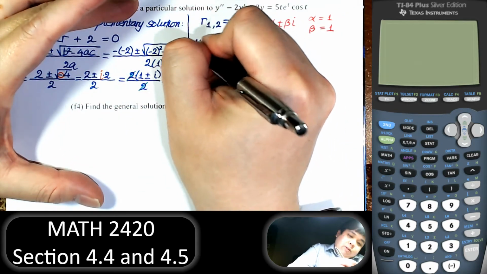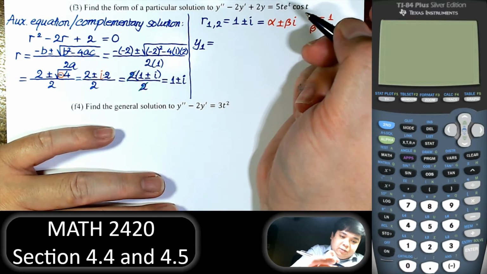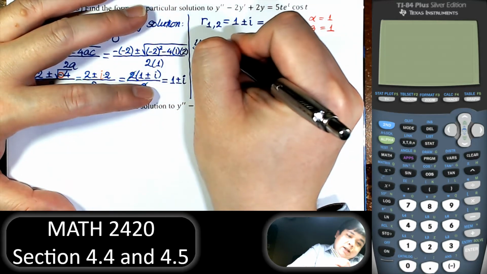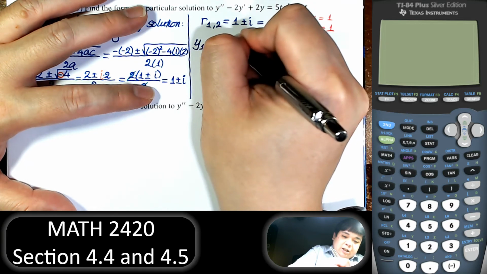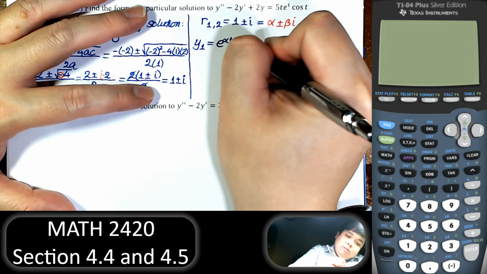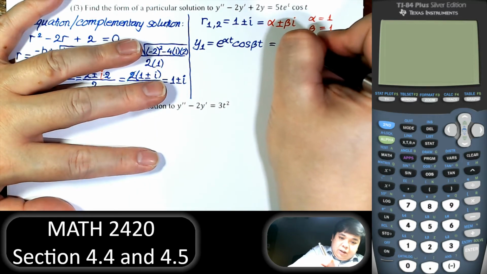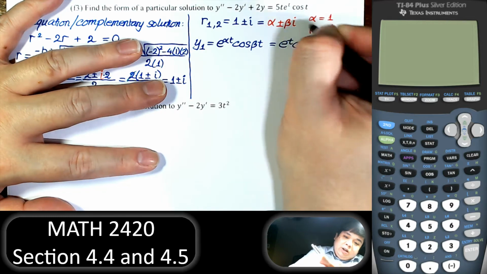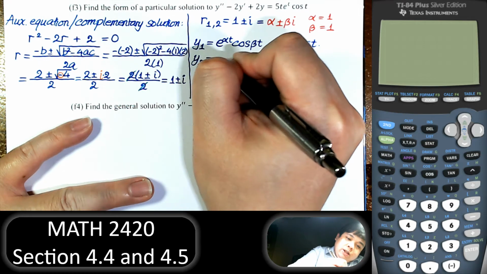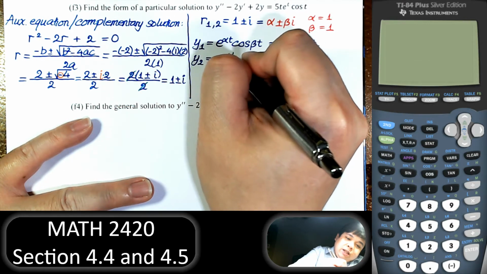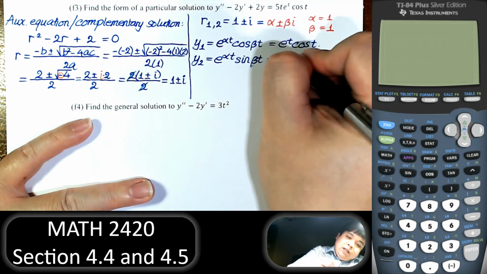So y1 is going to be e to the alpha t cosine beta t, or e to the t cosine t, because alpha and beta equal 1. y2 is e to the alpha t sine of beta t, so e to the t sine t.